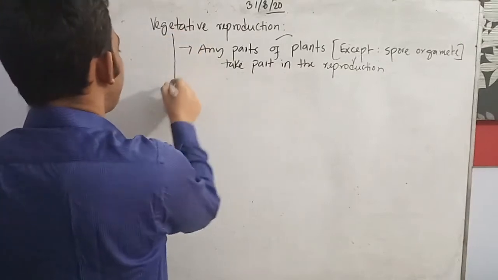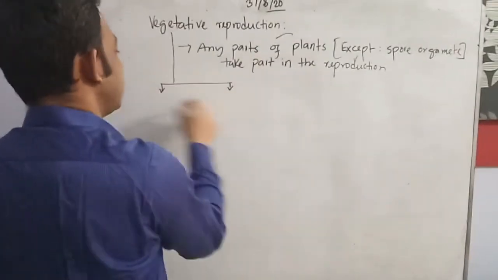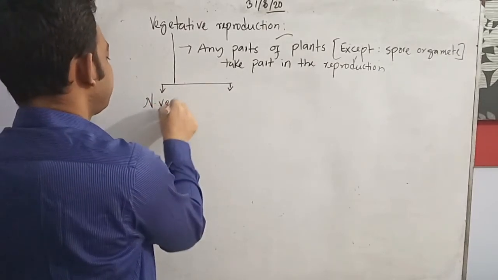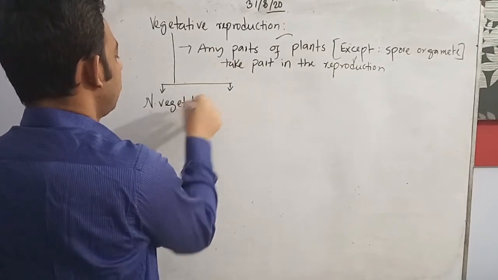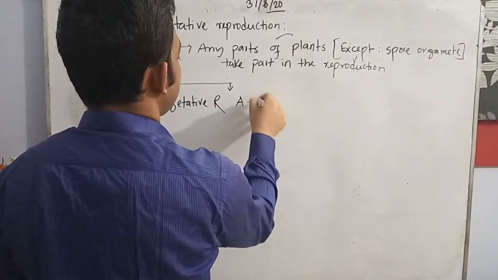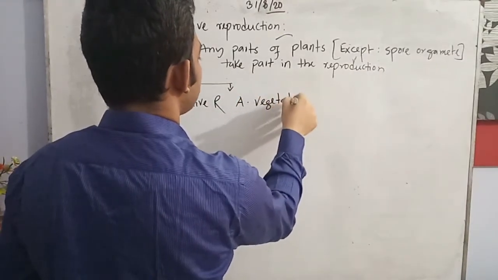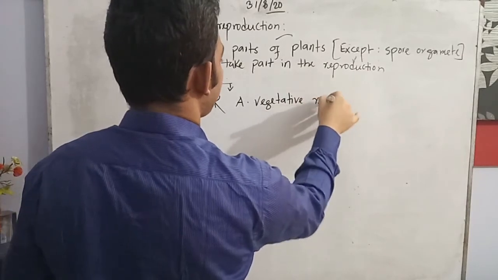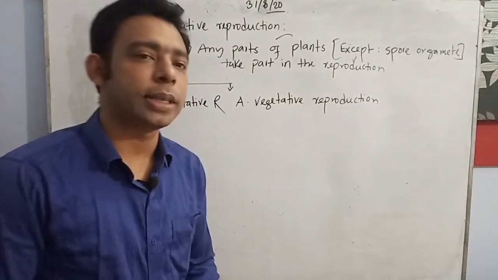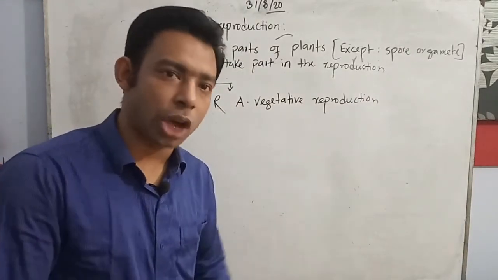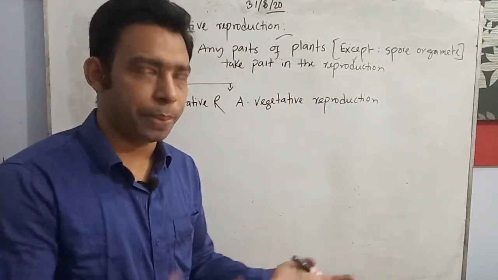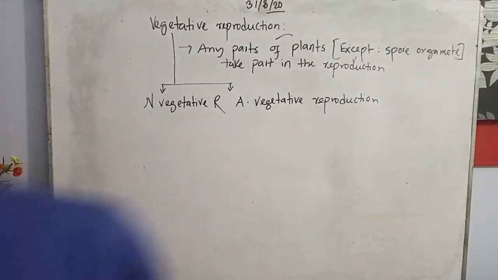And this vegetative reproduction goes on through two ways we can say: natural vegetative reproduction and artificial vegetative reproduction. That means naturally, some plants in the forest, in the jungle, cannot be managed by human beings.